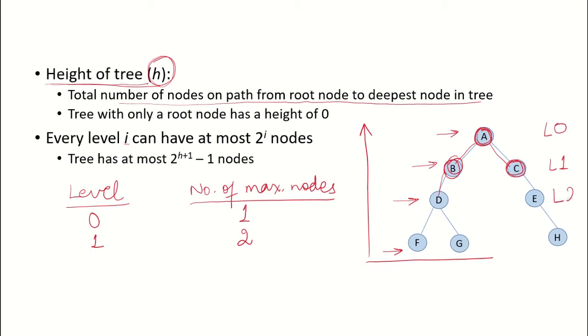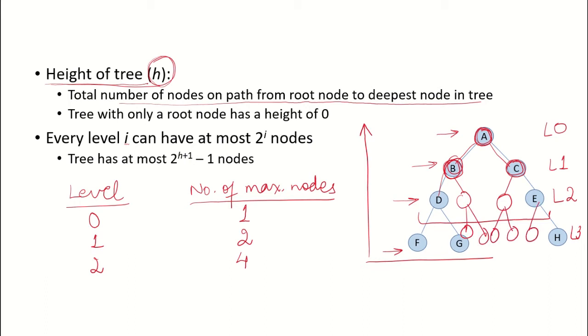What about level 2? Each node at level 1 can have 2 children each. So the total number of nodes that can be present is 4. So at level 2, the maximum number of nodes that can be present is 4. What about level 3? At level 2, there were 4 nodes, and each of these 4 nodes can further have 2 children each.